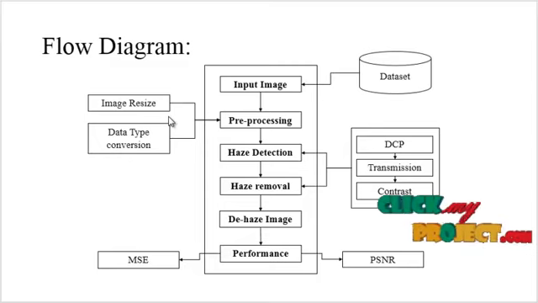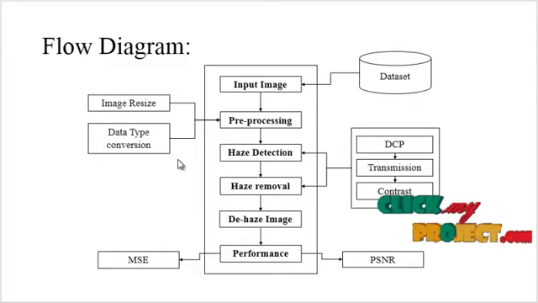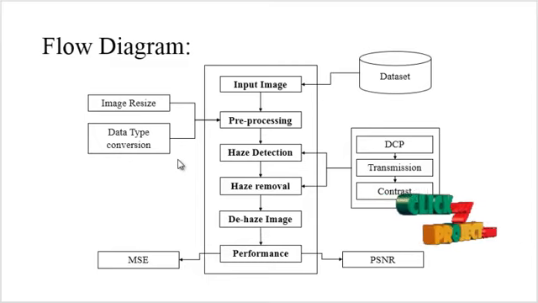After resizing the image, we convert the data type of the image. For example, the image may have a data type such as uint8, that is unsigned integer, then double, then long, and so on. As per our suitable image, we can convert the data type to unsigned integer 8.